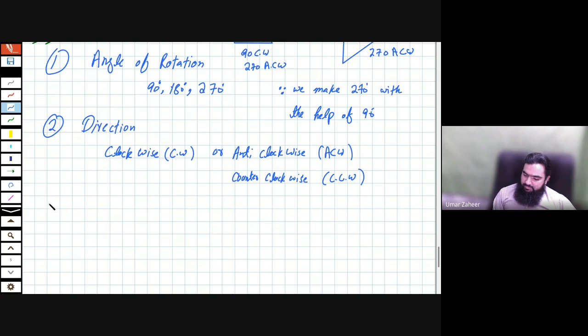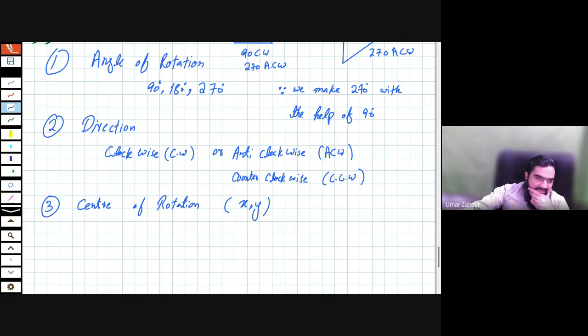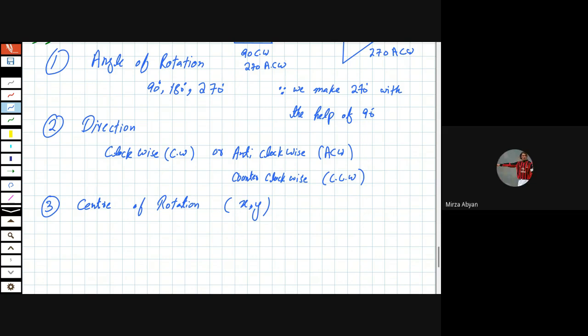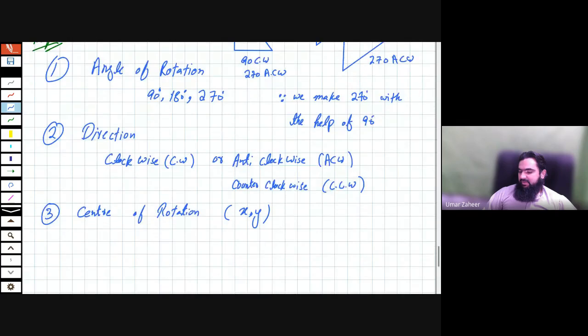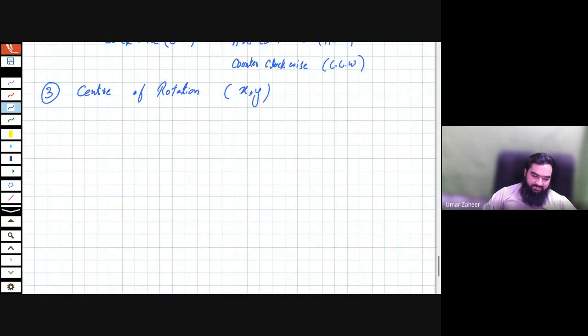The third and most important thing we have to find is the center of rotation. It's basically a point like this. Yes, everyone, any question up to here? No, sir. All right. I'm just going to write the steps today, and we will do the steps inshallah in the next class.